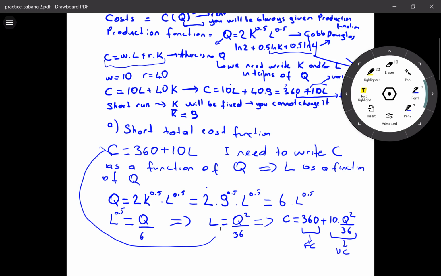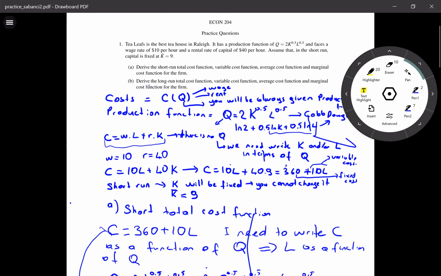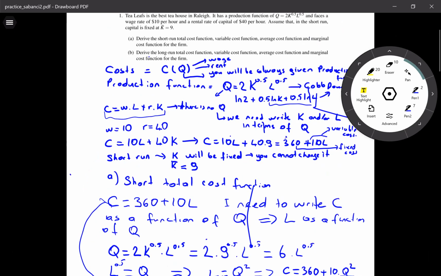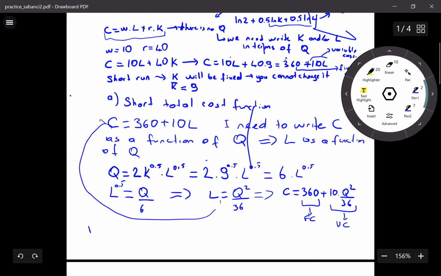In the question, it asks for the variable cost, average cost function, and marginal cost function. The variable cost is 10 over 36 Q squared.